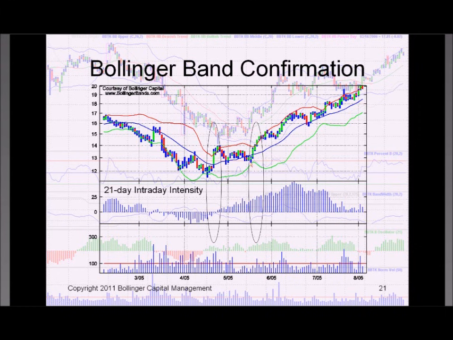So here you have a set of flips. In the first upright oval, you have a confirmed tag of the lower band and an unconfirmed tag of the upper band. In the second one, you have an unconfirmed tag of the lower band and a confirmed tag of the upper band.